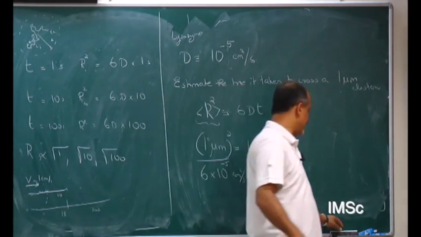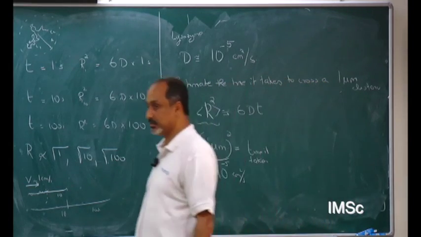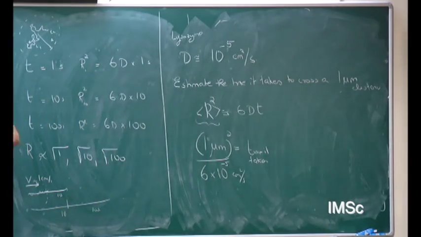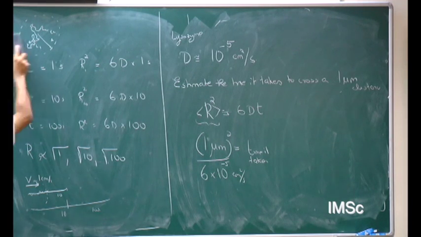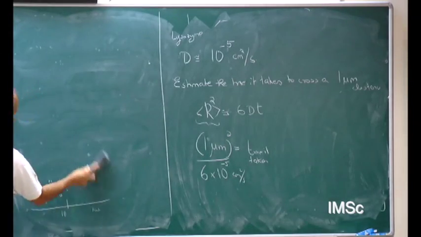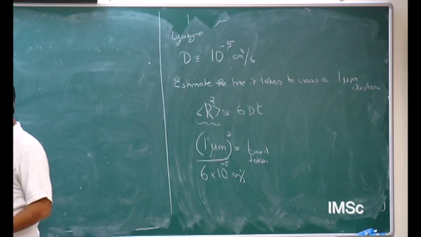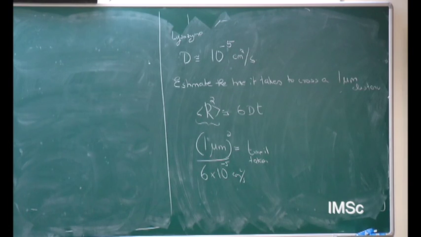Now you have to be a little careful about changing units here, because this is in microns, this is in centimeter squared. So let us try and estimate that. We can convert everything into centimeters, that makes it a little easier.